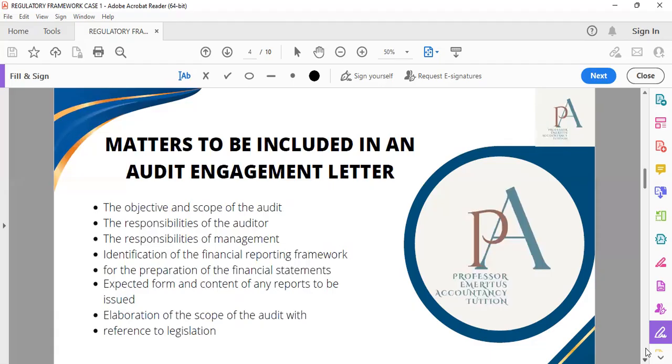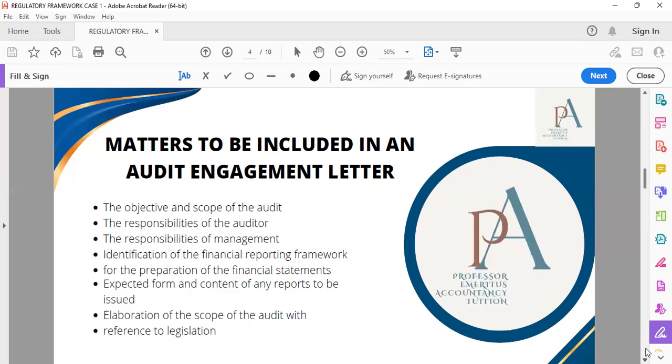So it is the document that sets out the contract between the auditor and the company that they are auditing. Normally, the auditor writes out the engagement letter, lists out the terms of the audit assignment, and then passes it over to the company to confirm and sign up.